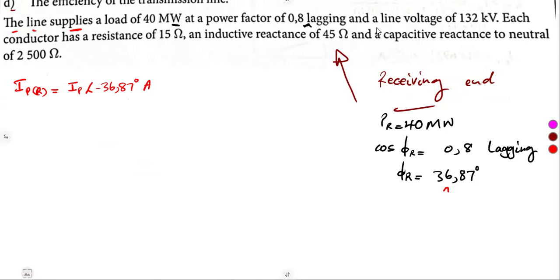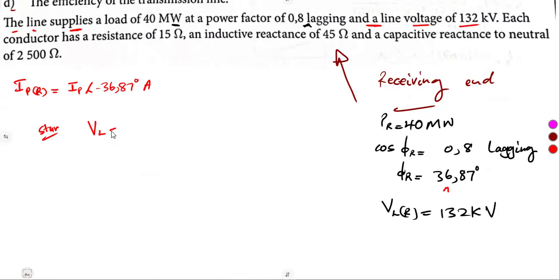And the line voltage is also given on that side of the receiving end. We've got the line voltage, 132 kilovolts, all right? Remember, I said we are actually working with a star connection.